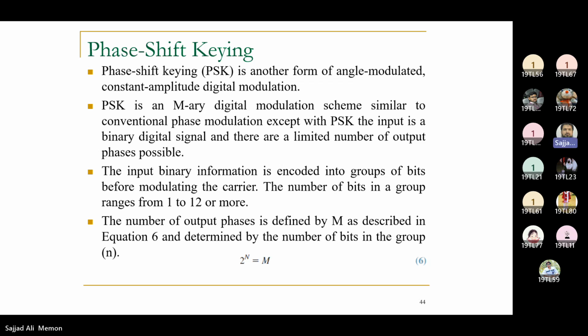Input is also digital, whereas in analog modulation, input is analog. So based on the input, we say analog modulation or digital modulation. If the signal input is analog, modulation will be analog. If the signal input is digital, then we have digital modulation.